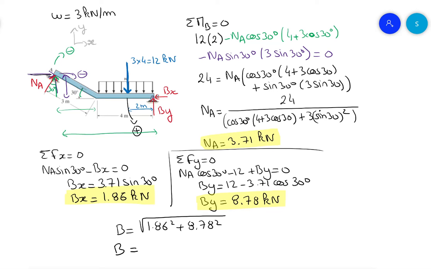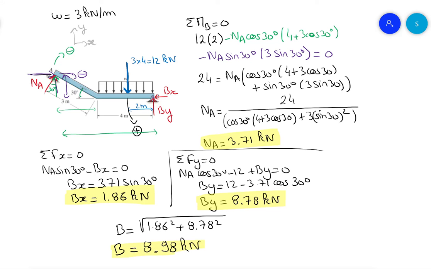Take your exact value in your calculator. Square plus this one square. That's 8.98 kilonewton.